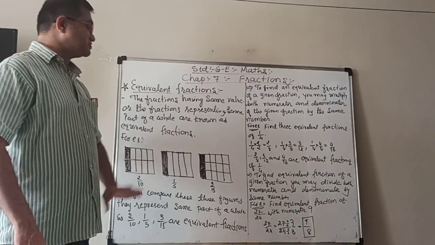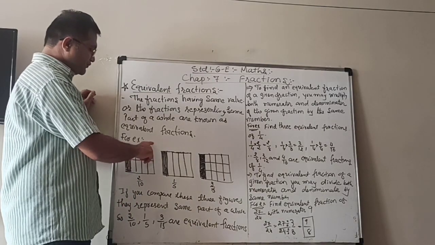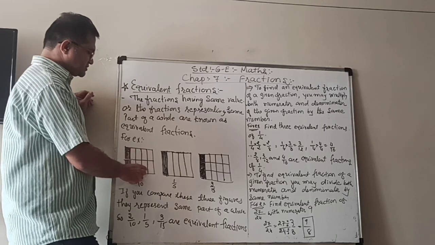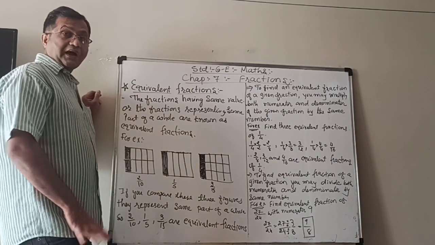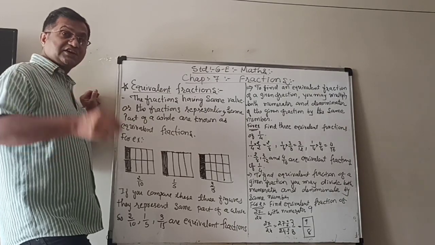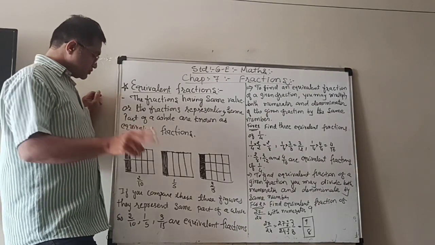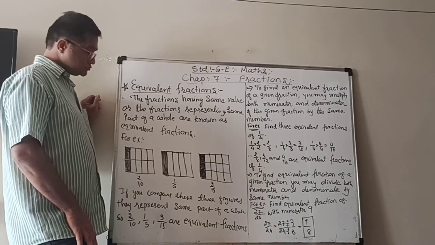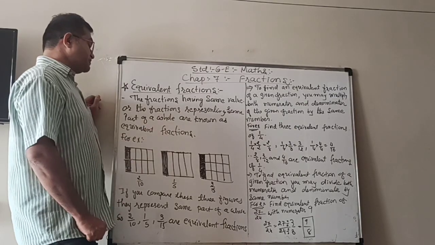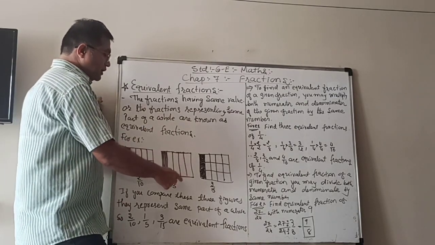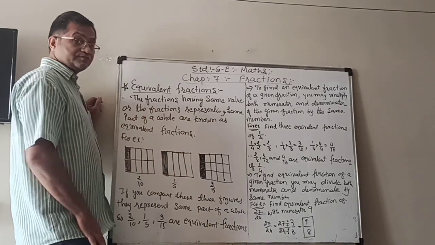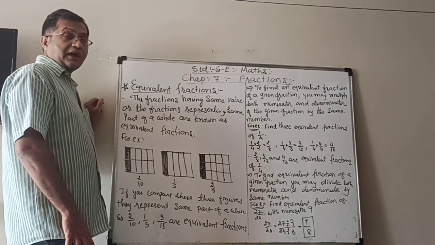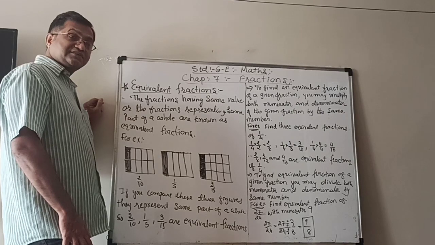Look at these three pictures I drew. Here, in the first one, the whole is divided into 1, 2, 3, 4, 5, 6, 7, 8, 9 and 10. Out of 10 parts, how many parts are shaded? 2 parts. So the fraction representing the shaded part is 2 upon 10. Now the second picture, in which the whole is divided only into 5 parts. So 5 is in the denominator. And out of the 5 parts, how many are shaded?